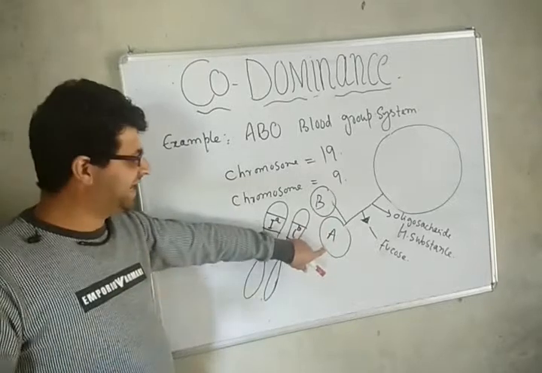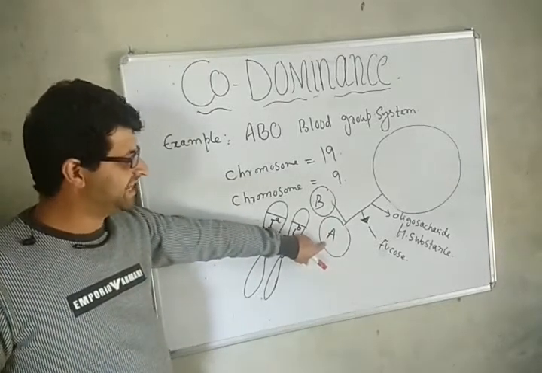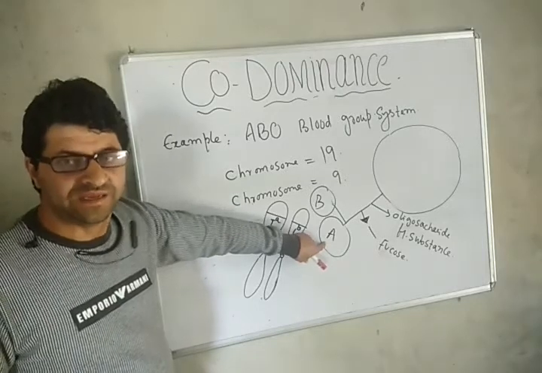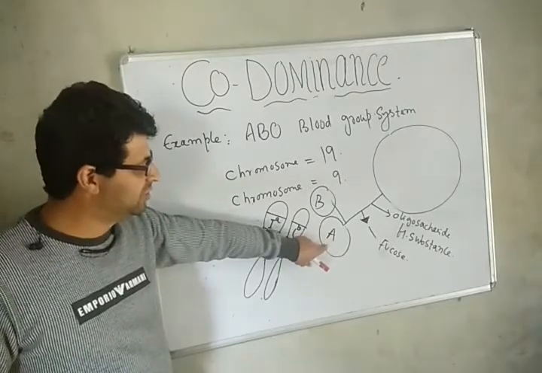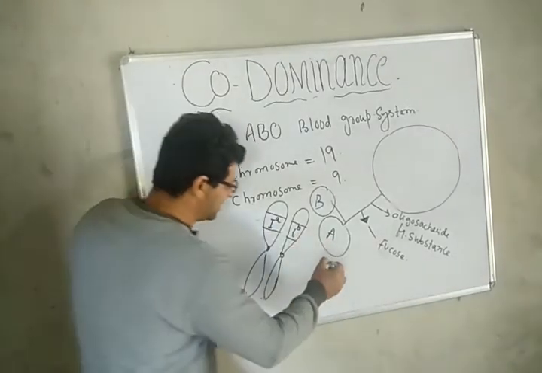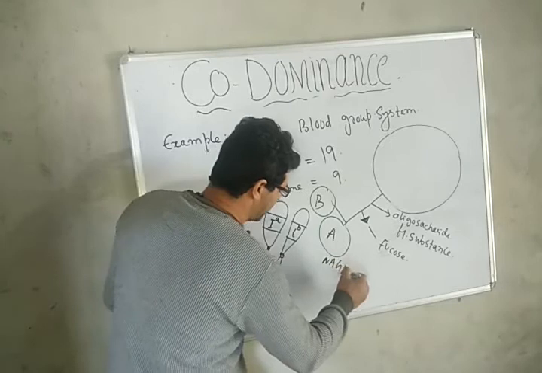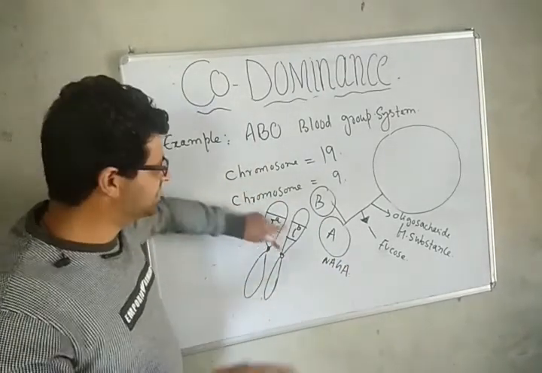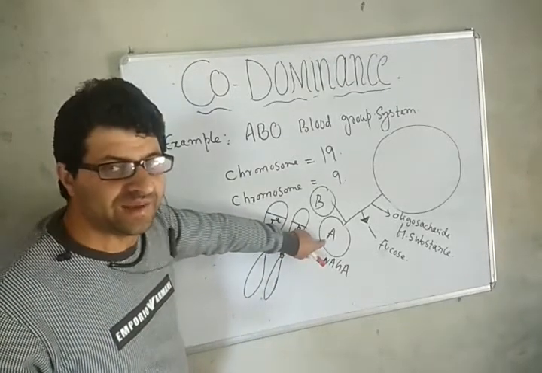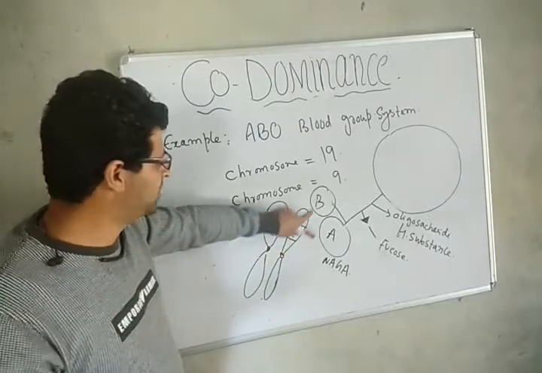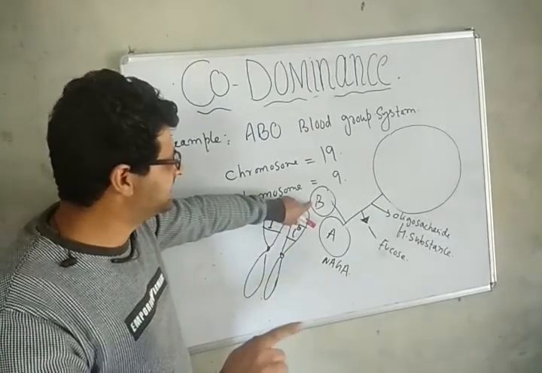What is actually this antigen A? It is actually N-acetyl glucosamine, or it is called NAGA. So allele IA governs the formation of antigen A, and allele IB governs the formation of antigen B. And what is this antigen B?